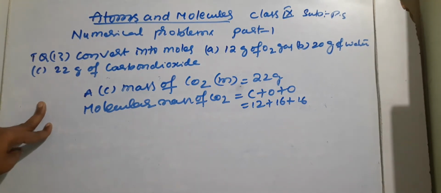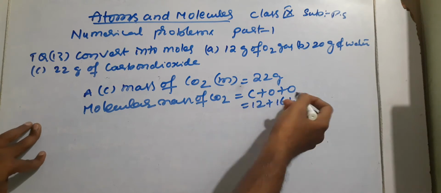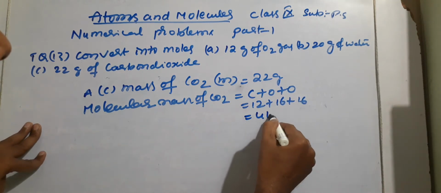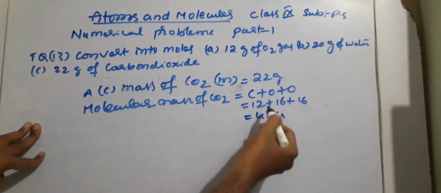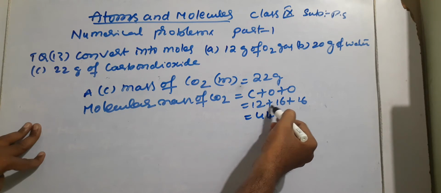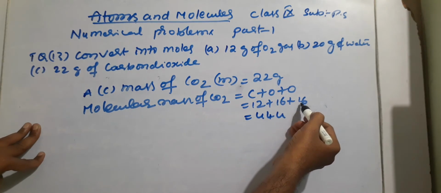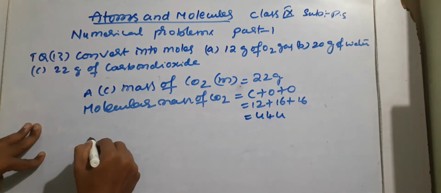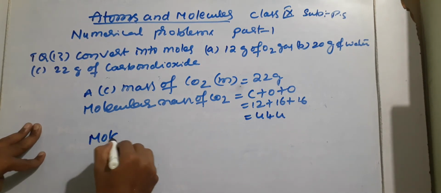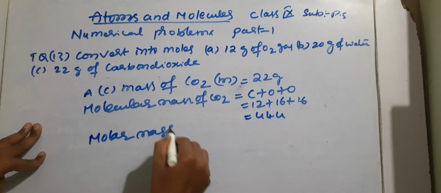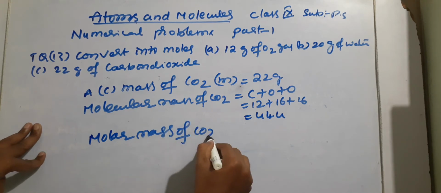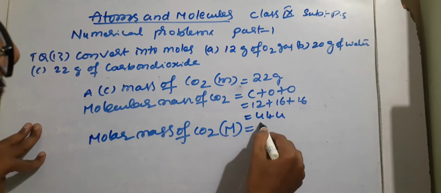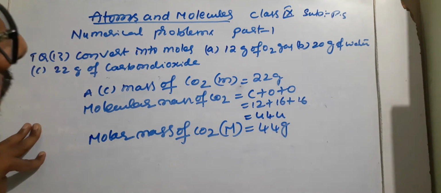These are nothing but atomic weights of these atoms. So this is equal to 44 U. Then the molar mass of CO2 is denoted by capital M, that is 44 grams.